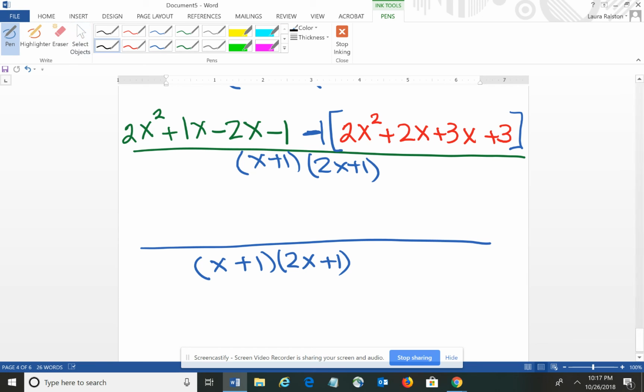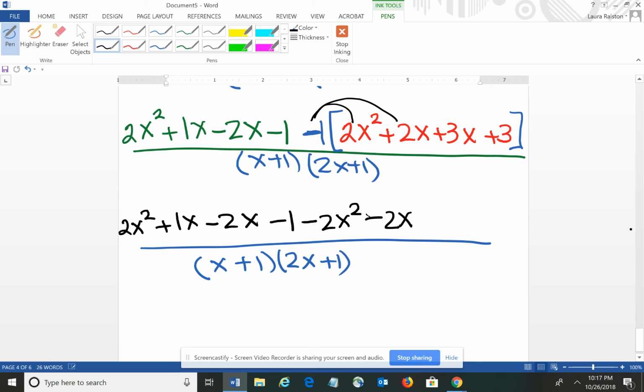So I would have 2x squared plus 1x minus 2x minus 1, minus 2x squared, minus 1 times 2x is minus 2x, minus 1 times 3x is minus 3x, and minus 1 times plus 3 is minus 3.